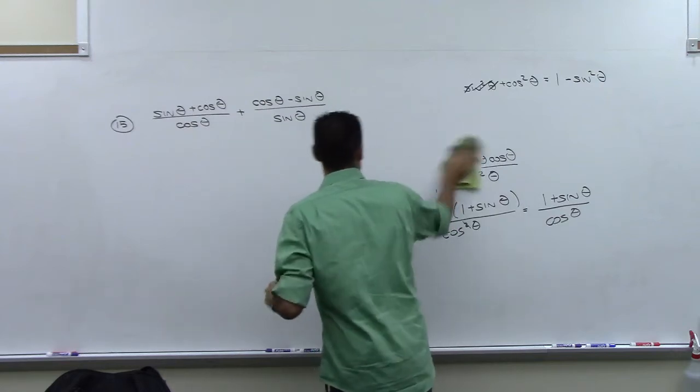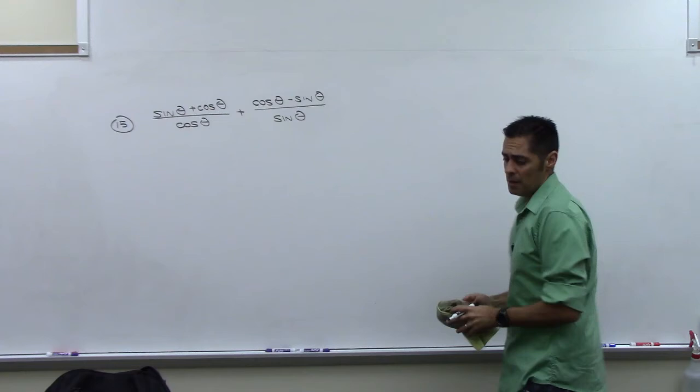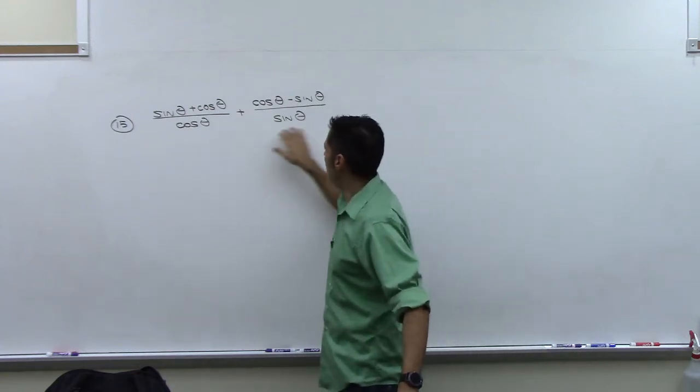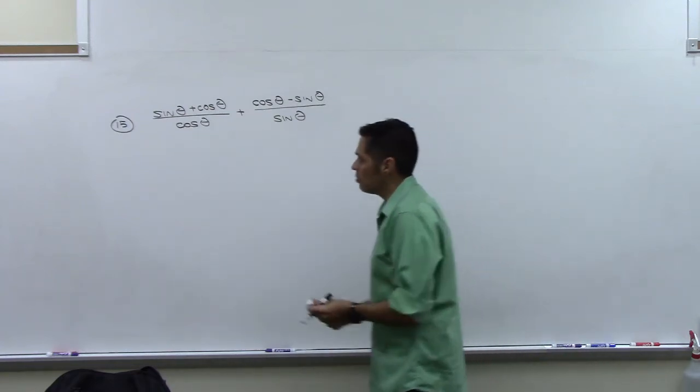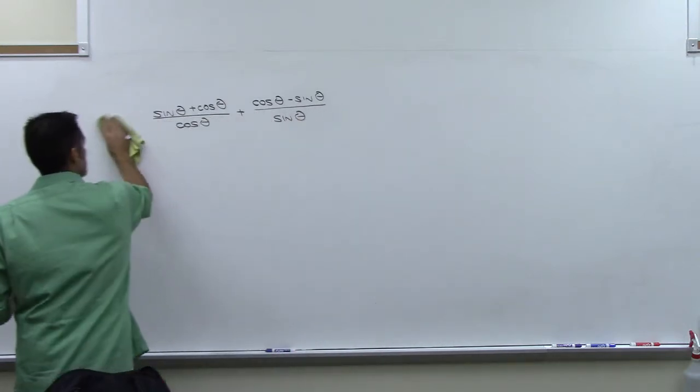And what they want us to do is get a common denominator between these. So put these two together with the same denominator. Right now, one of them has cosine, the other one has sine. So what we're going to do is introduce a 1 next to each of these. I'm going to just get rid of the 15.